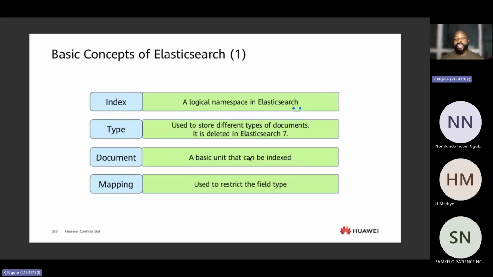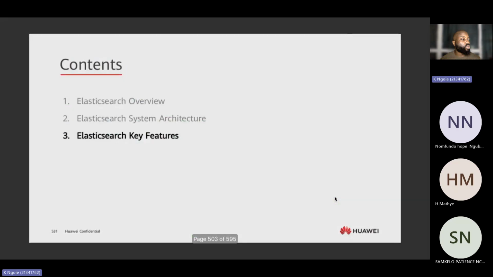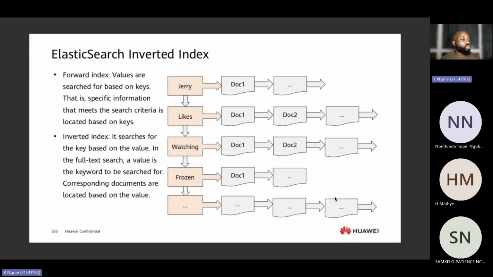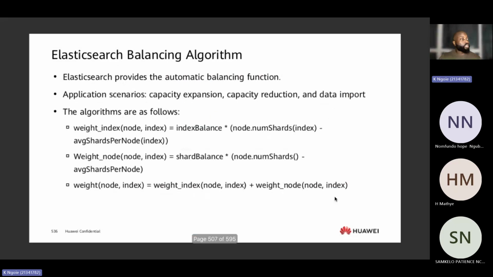In big data, Elasticsearch is used as well to search for any change, any small change, or anything that can be a security issue. These are just examples.